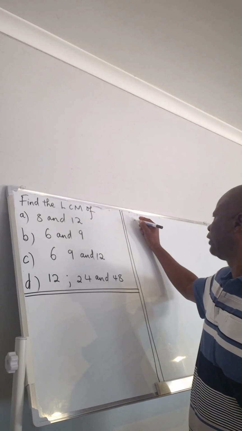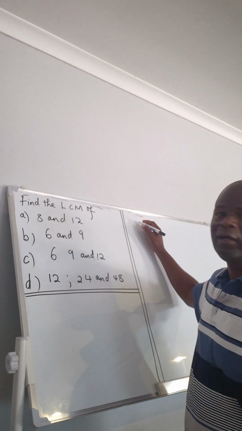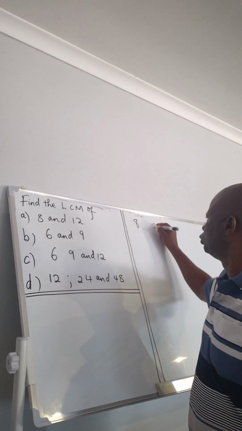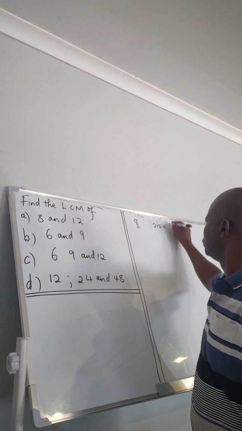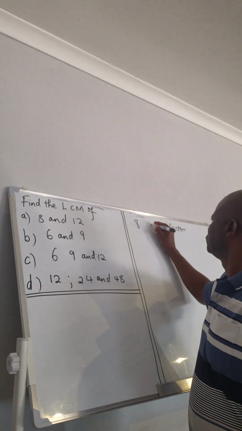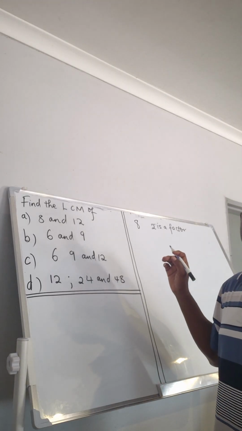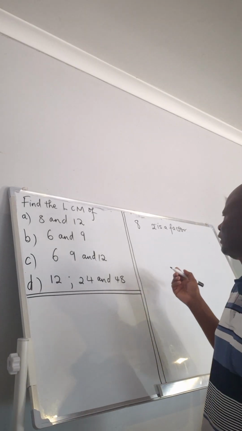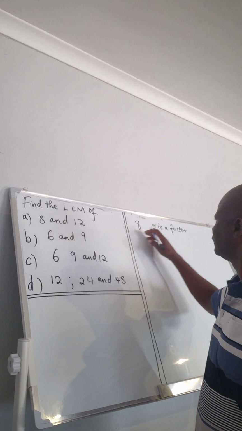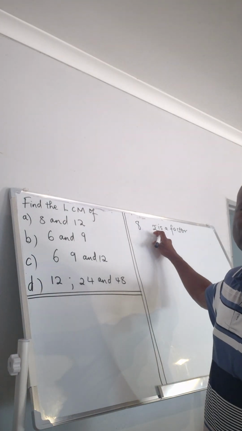For example, last time I was talking about highest common factor. If I have 8 here, 2 is a factor of 8. Also 4 is a factor of 8. But I can say 8 is a multiple of 2.